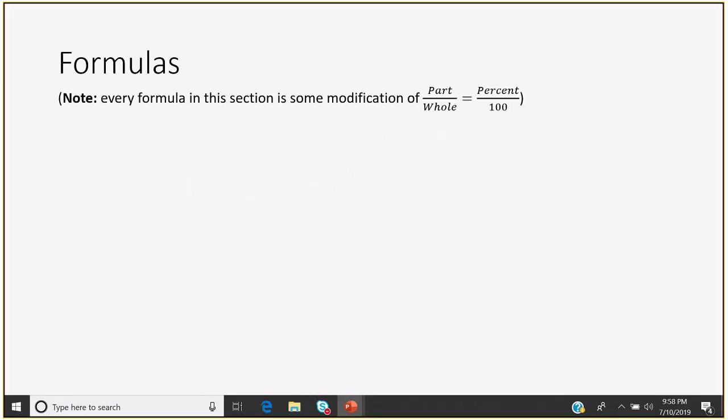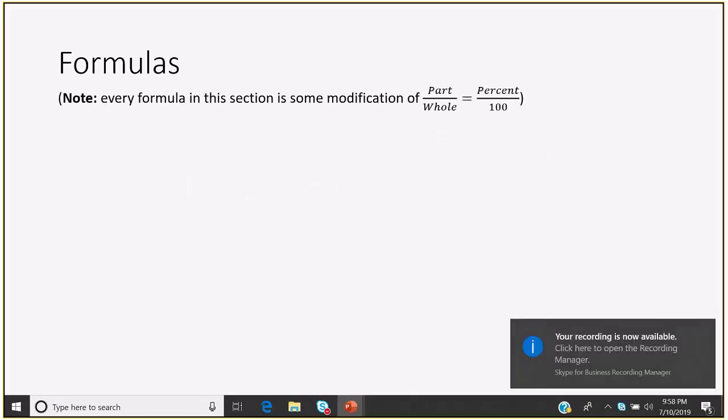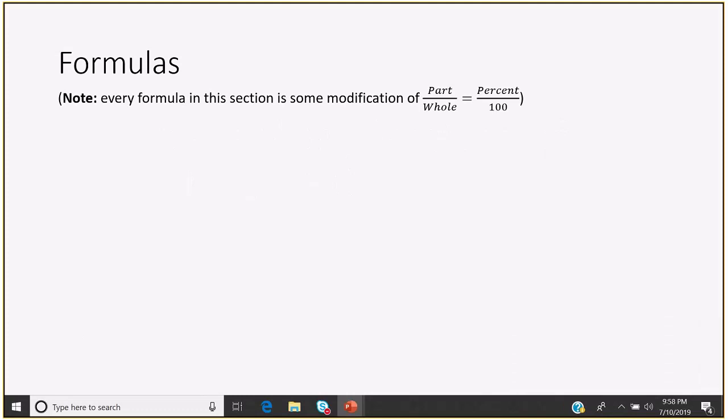Recall in the last lecture we saw this proportion when we're dealing with percents to be able to solve very simple math questions, and then expanded it to a little bit more general word problems. So everything in this section, like I said, we're going to have a lot of different disciplines that we're going into, is going to be some modification of this proportion.